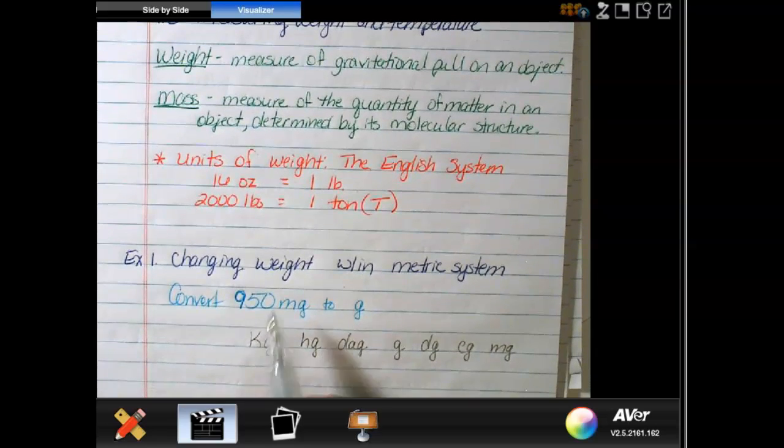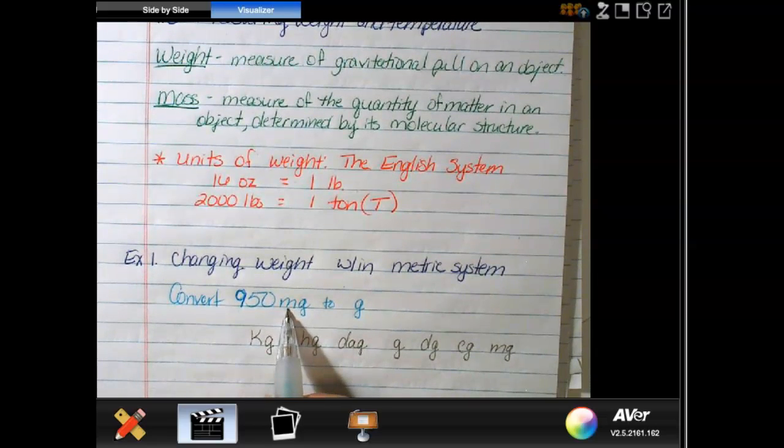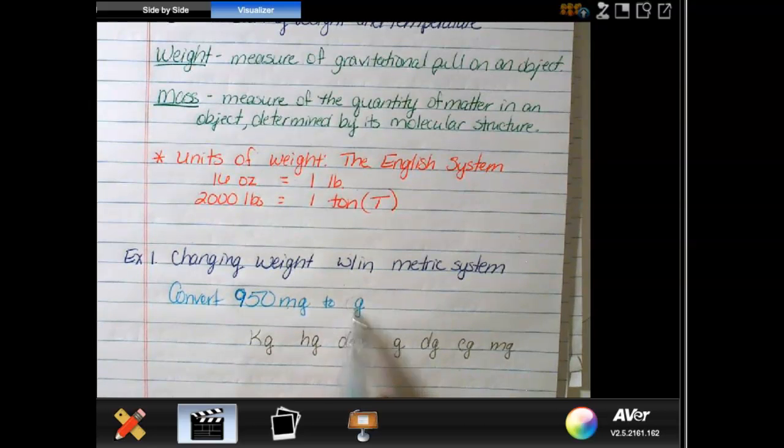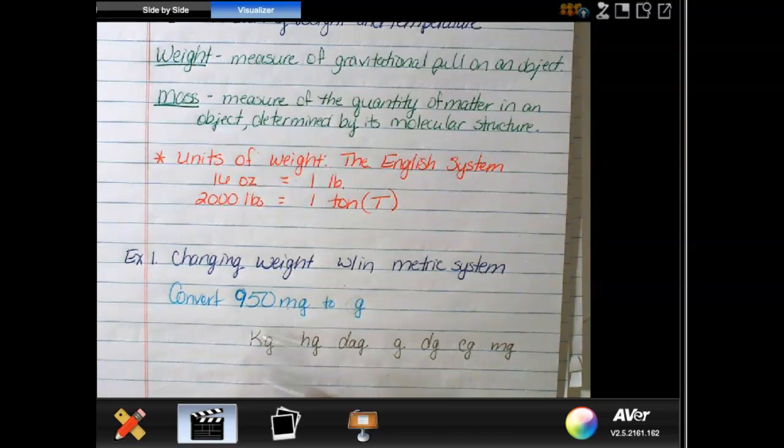So here we go. I have it written down right here. So we have 950 milligrams, right? However many times I move to the left to get to where I'm going, I'm going to move my decimal that same number of spaces. If I had to start right here and go to the right, then I would add zeros to move my decimal place to the right.